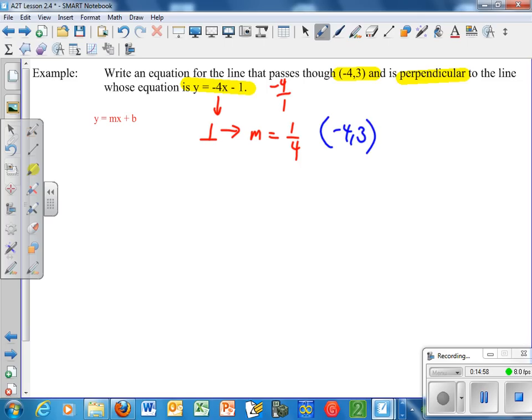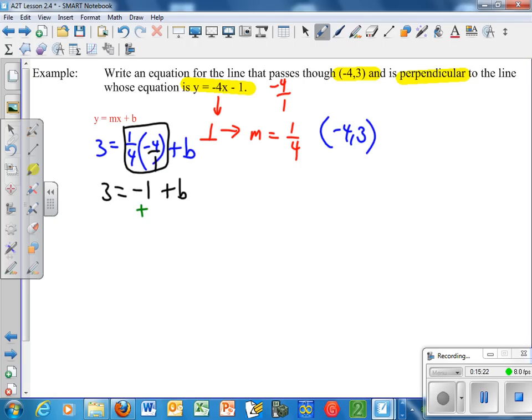So if we're using slope-intercept form, or y equals mx plus b, we put 3 in for y, we put 1/4 in for the slope. In for x, I put -4, and then I have plus b. I'm going to go ahead and multiply these two. So that would be negative, the 4's cancel, so it's actually -1 plus b.